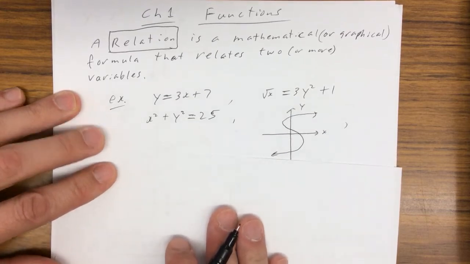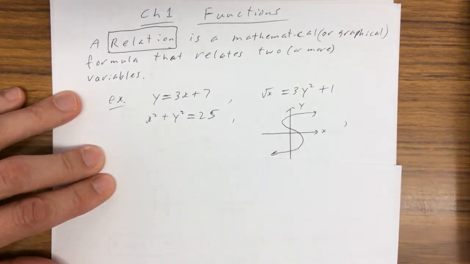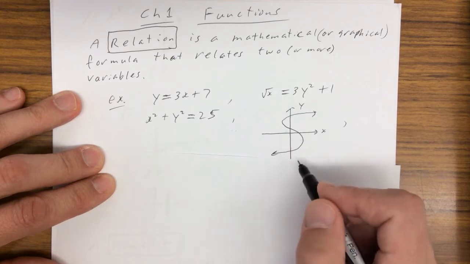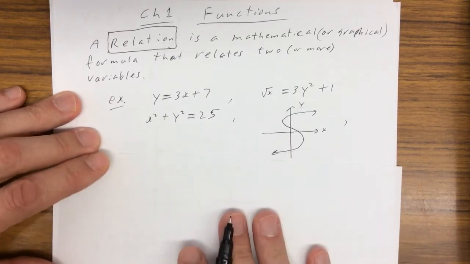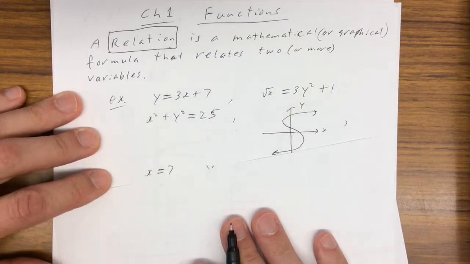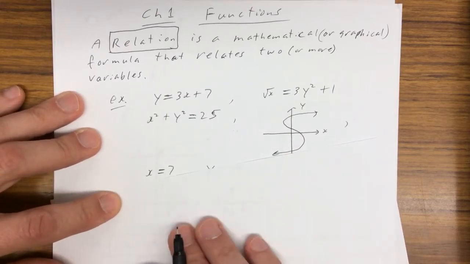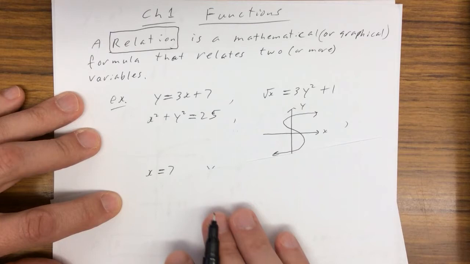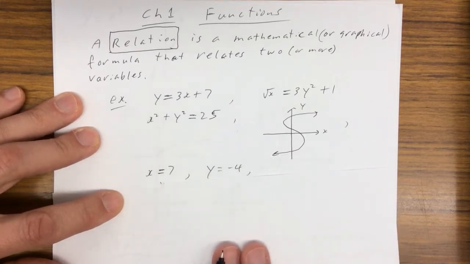Here's also a relation. So this is just a picture, a graph of a relation between x and y. And this could be a relationship between x and y. Depends on how you look at it. And same with this.